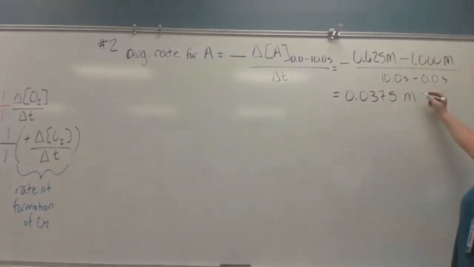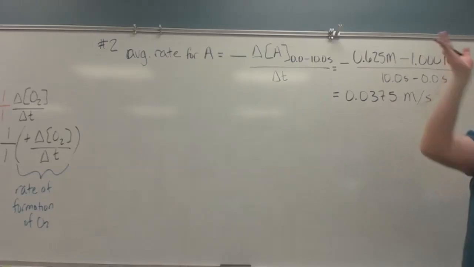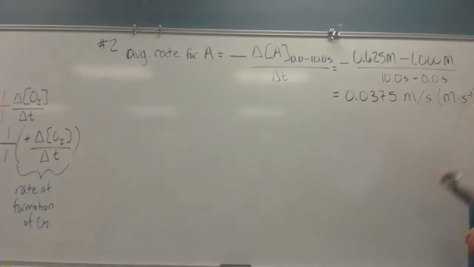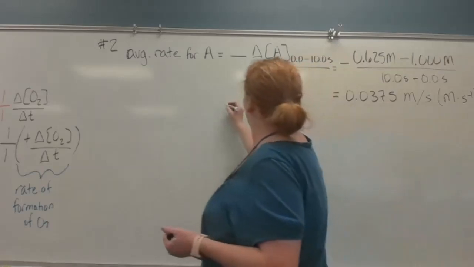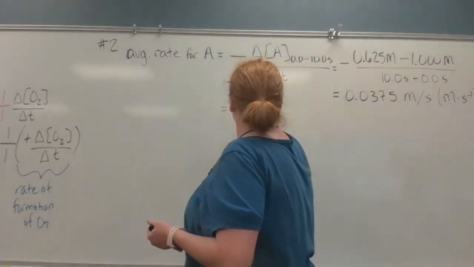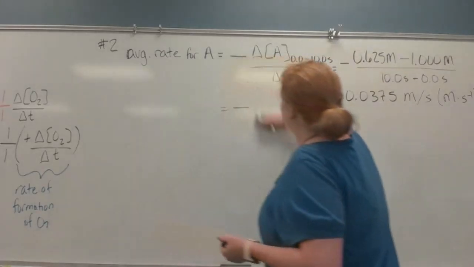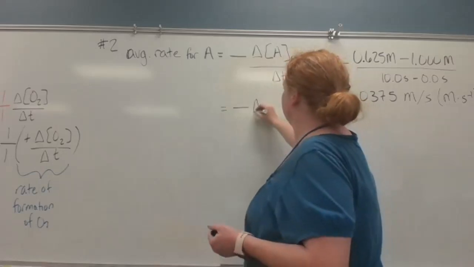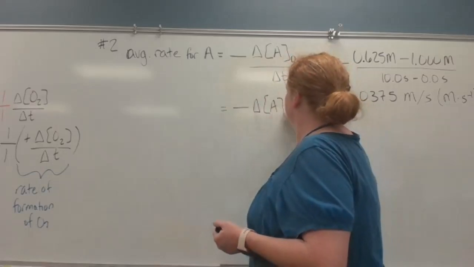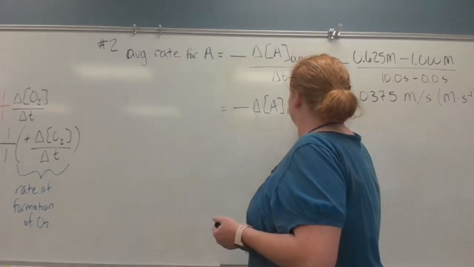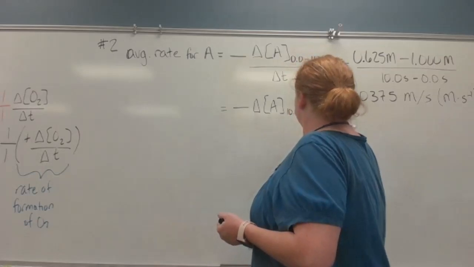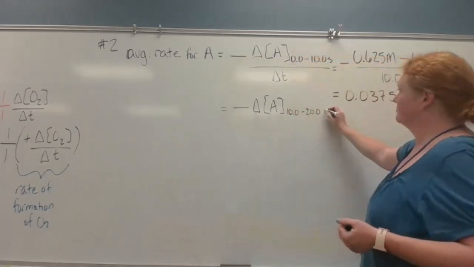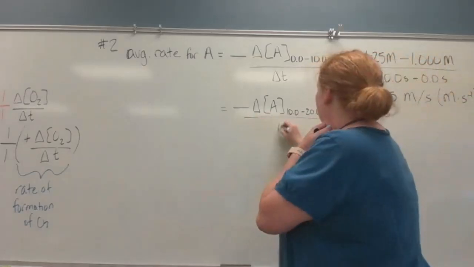So again, I tend to default with the fraction. Is it also perfectly fine to write molarity times S inverse? Absolutely, that's fine. Okay, let's do it now for our next time period. 10 seconds to 20 seconds. Okay.